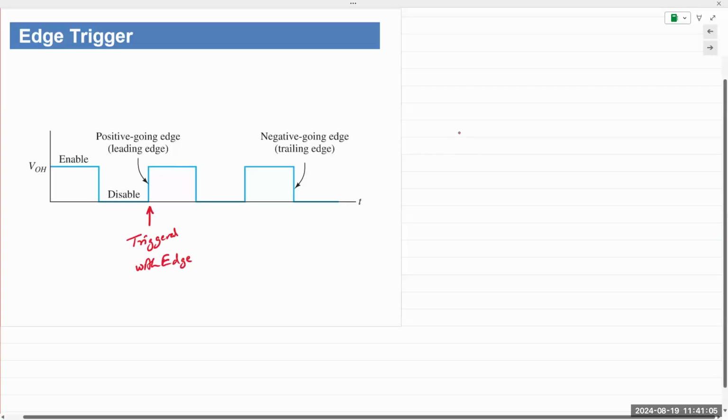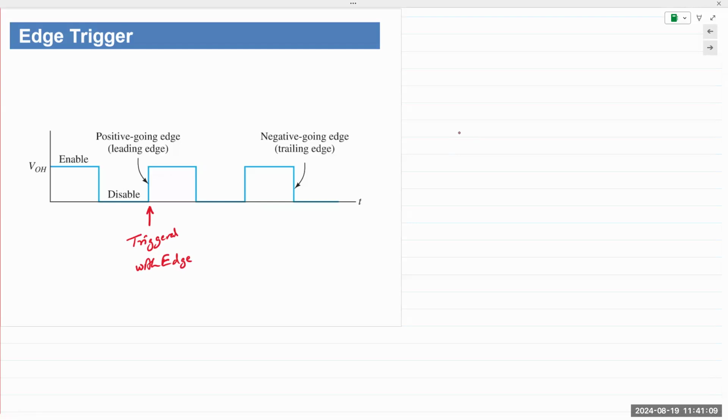And if you've used the oscilloscope, you might have used the function which says negative edge triggered and positive edge triggered, meaning you are beginning your analysis at the rising edge or the falling edge. And I'll explain what it means.